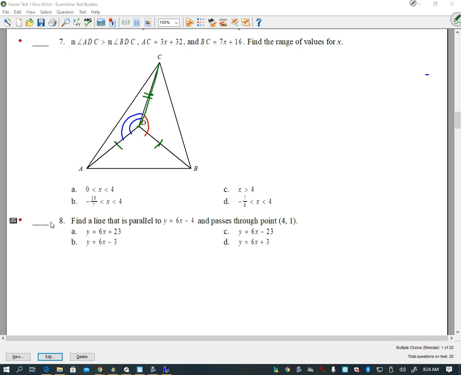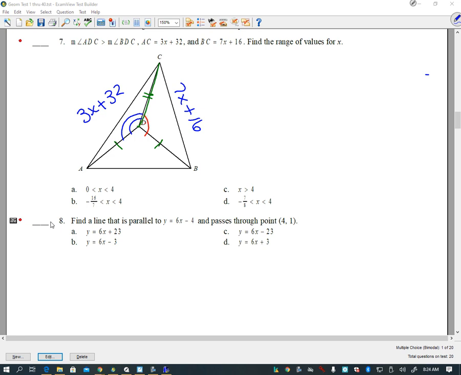Okay, so they tell me that AC is 3x plus 32 and BC is 7x plus 16. Find the range of values for x. Now let me ask you, which is bigger, AC or BC? What's that? AC? Yes. Do you know why?